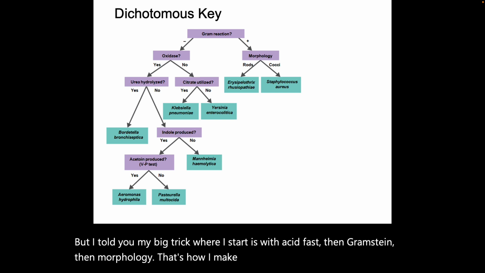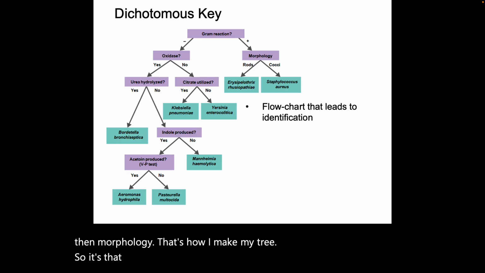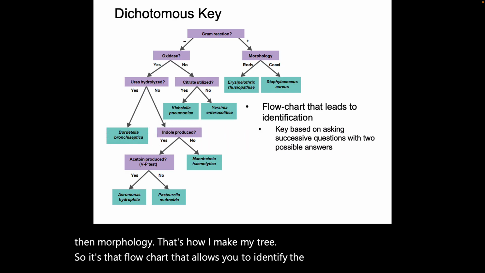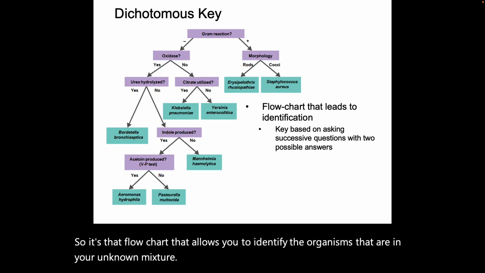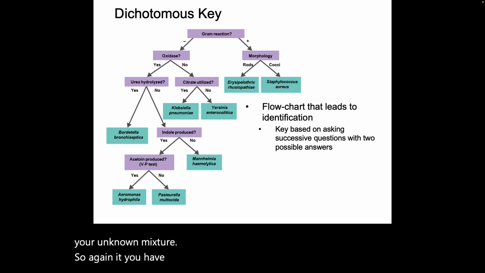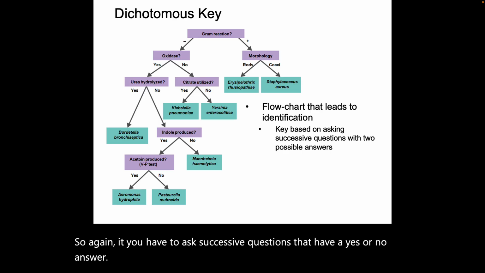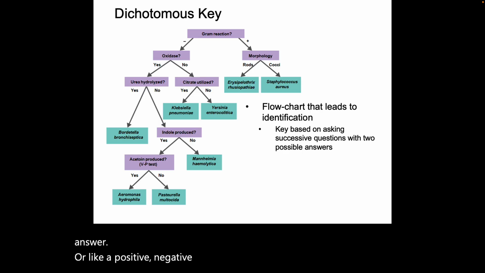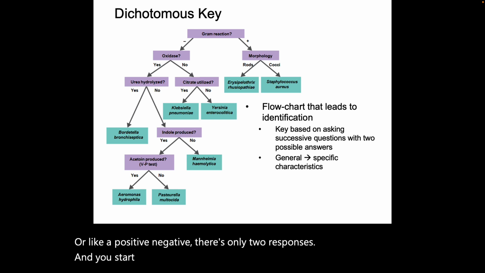Okay. So it's that flow chart that allows you to identify the organisms that are in your unknown mixture. So again, you have to ask successive questions that have a yes or no answer, or like a positive, negative. There's only 2 responses. And you start as broadly as possible.